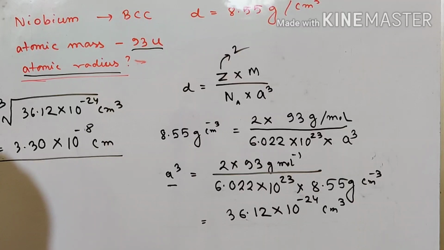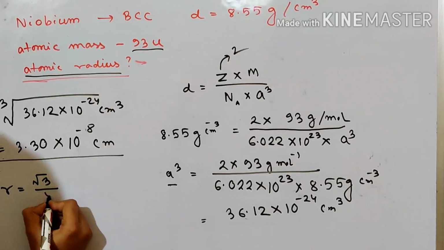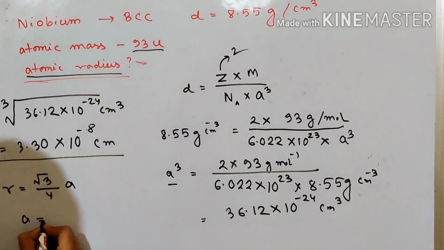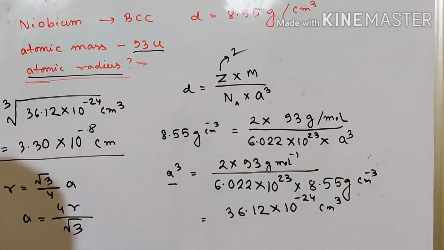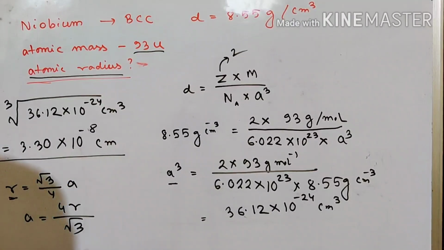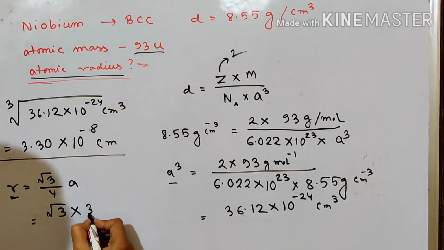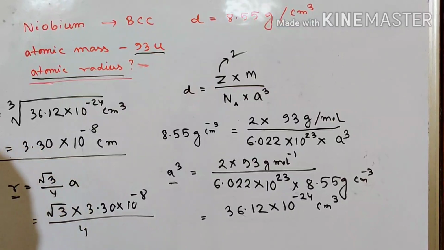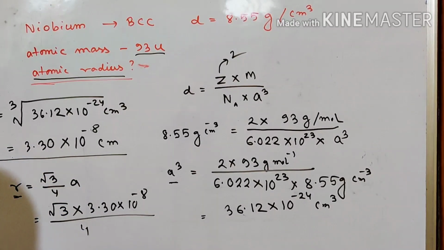Now for a body center, we know R is equal to root 3 by 4 into A. So A will be 4R by root 3. So if you have to calculate R, we can simply put the values, which will be root 3 into 3.30 into 10 to the power minus 8 by 4. Root 3 means 1.73.